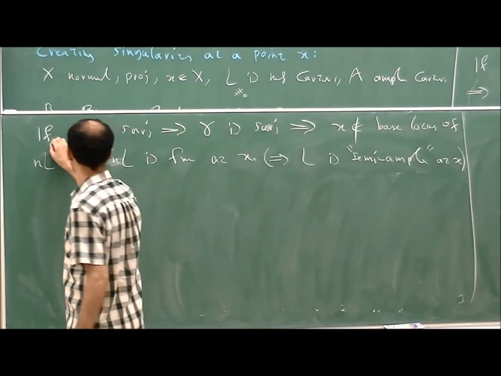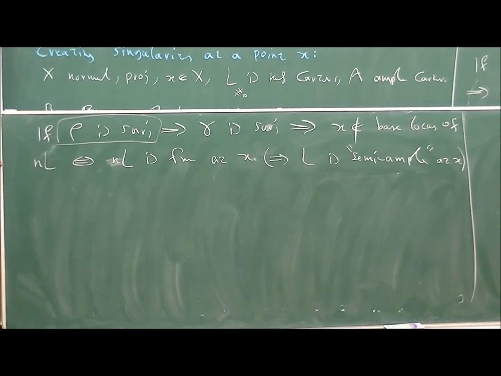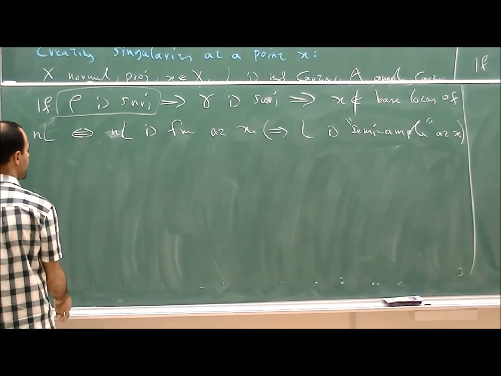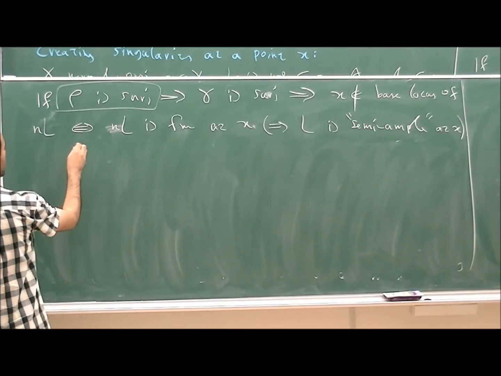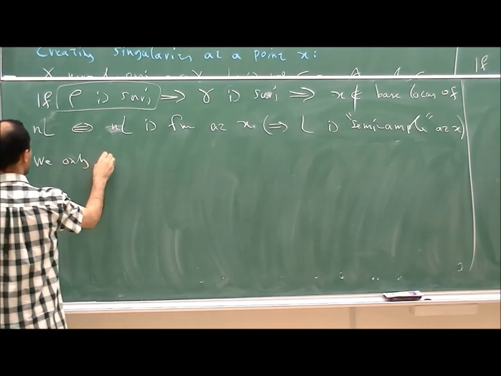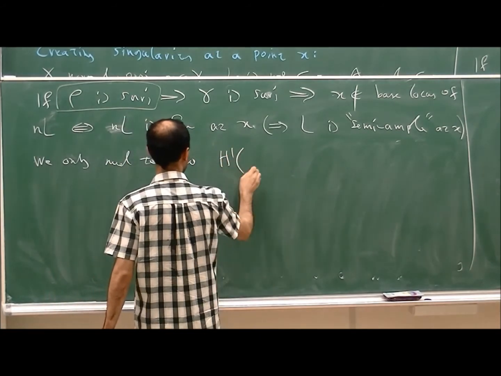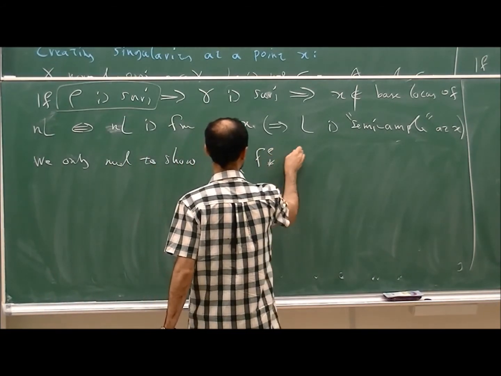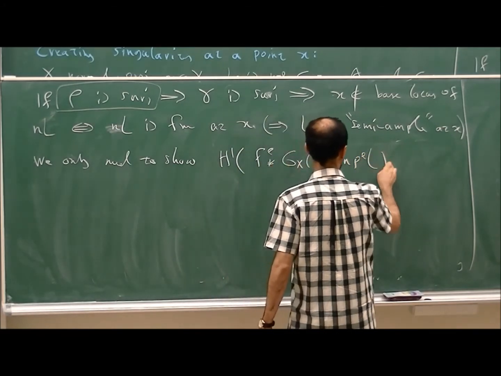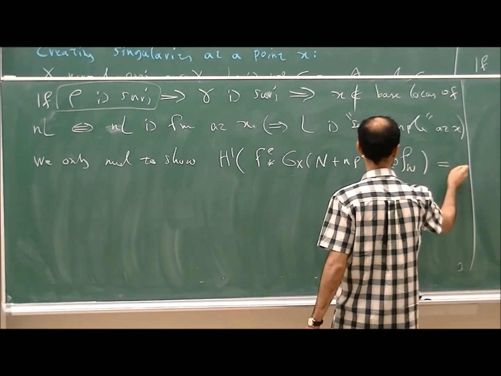So the only thing that remains to show is that these maps are surjective. And the surjectivity comes from just a simple vanishing step. So we only need to show that H^1 of the sheaf, O_X(K_X + nL) tensored with the ideal sheaf of W, is going to be equal to 0.